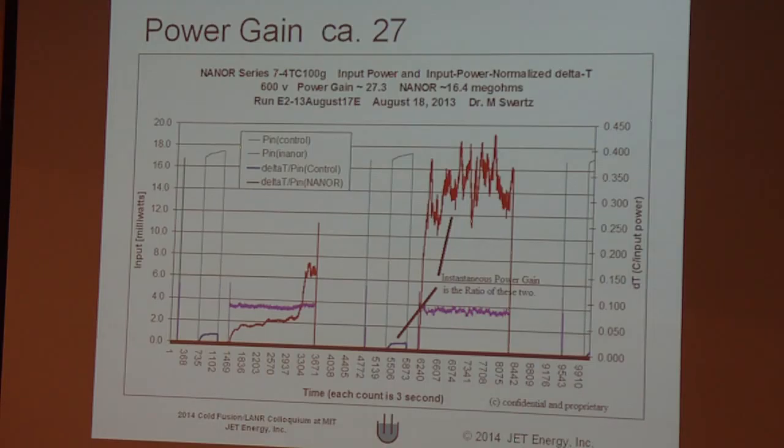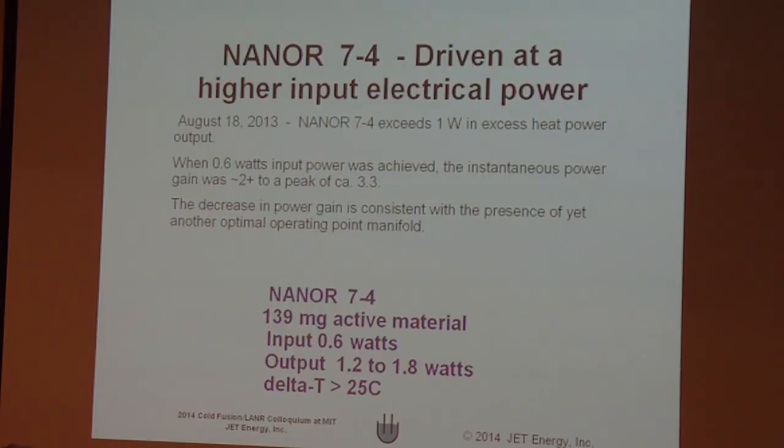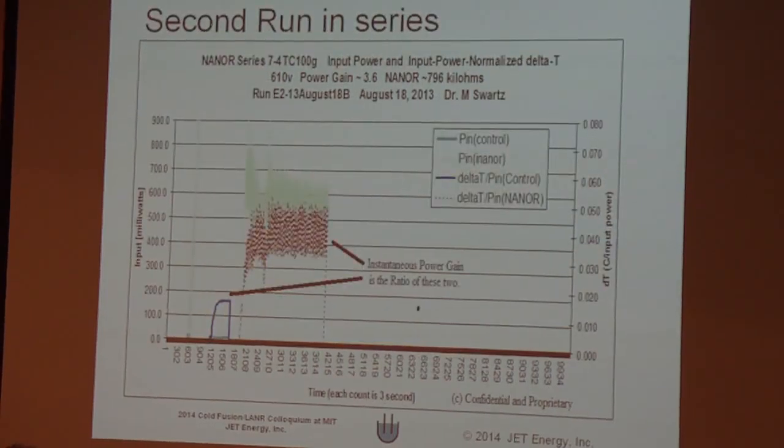7.4 was interesting because a lot of people had said at our course that we didn't show more than 100 milliwatts, which, I pointed out, is a different safety. So here we actually go up to 2 watts. And notice that the power gain falls down as we're hitting the watt level.